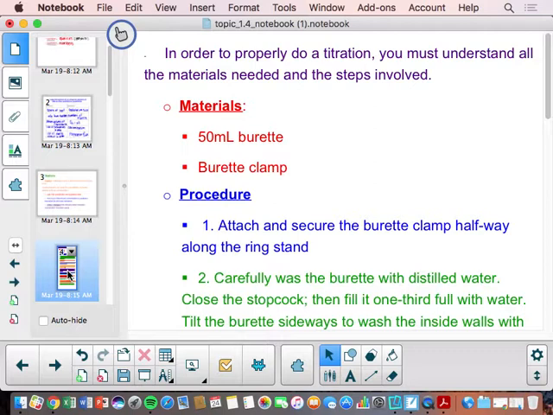How do I not remember where the burettes are? I think they're in that. So this would be a burette clamp. This thing, it clamps it.